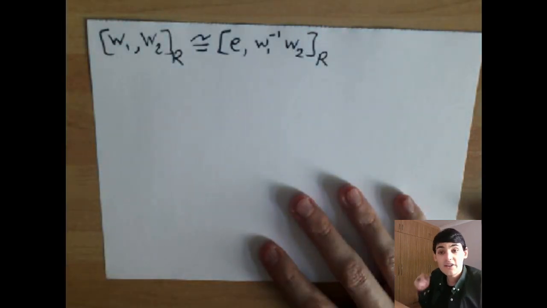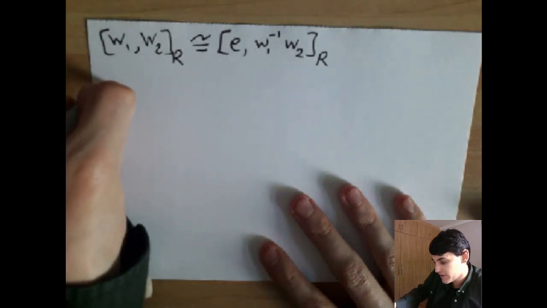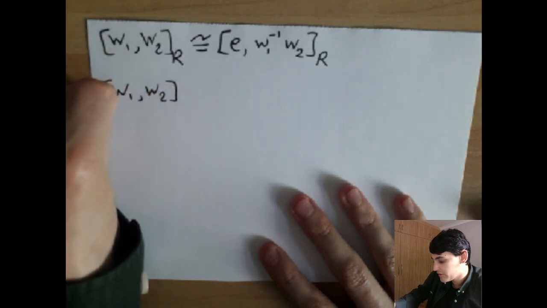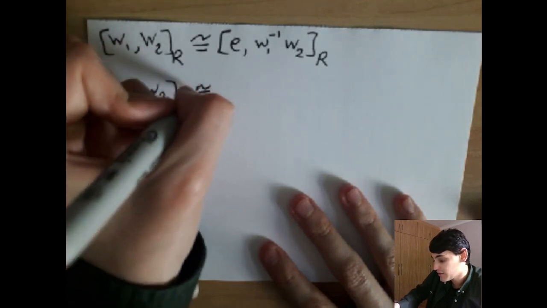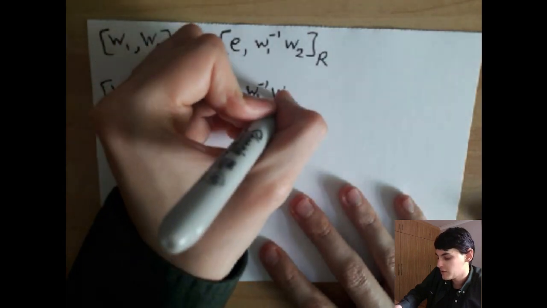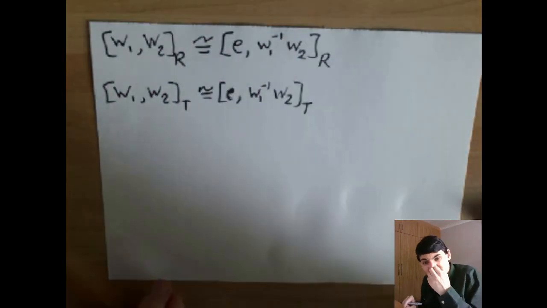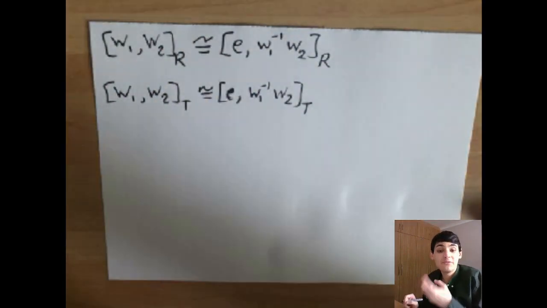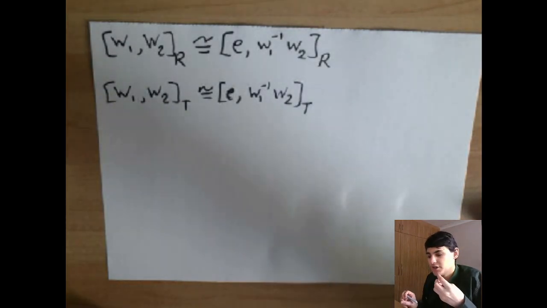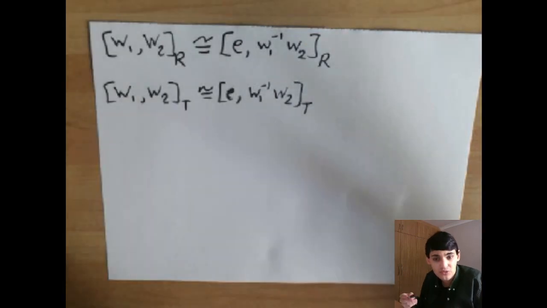And I conjecture that there is a similar property with W1 W2 under T being isomorphic to E W1 inverse W2 under T. Now, like I said, it's a conjecture. I haven't proven it, I haven't gone into any more detail. It's just a thought. It feels right.